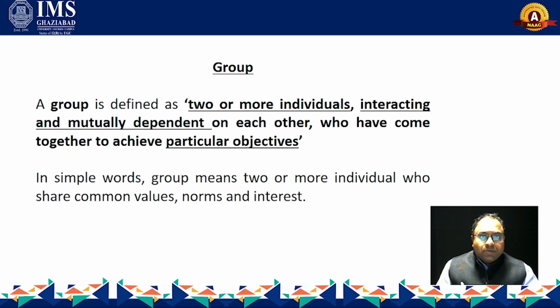Remember, some key elements of a group are that at least two people must be there, there must be interaction, and they must be mutually dependent, because without dependencies they will not be able to achieve their objectives, because in a group every person has a different set of roles and responsibilities that they need to share.